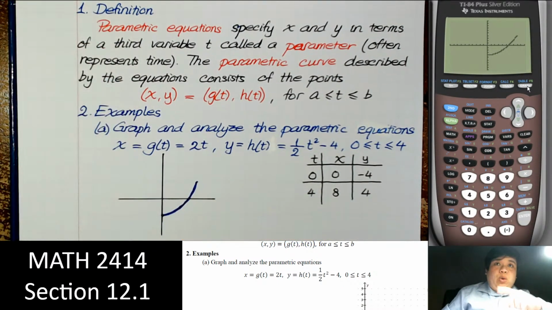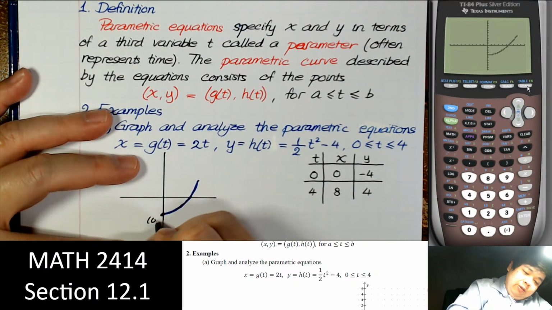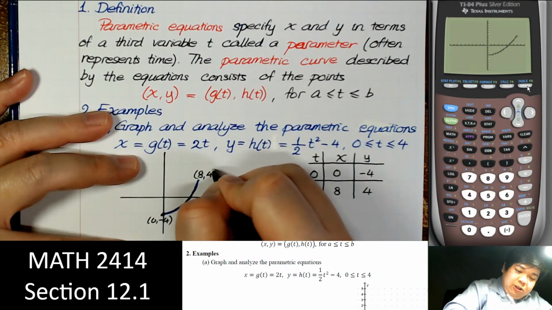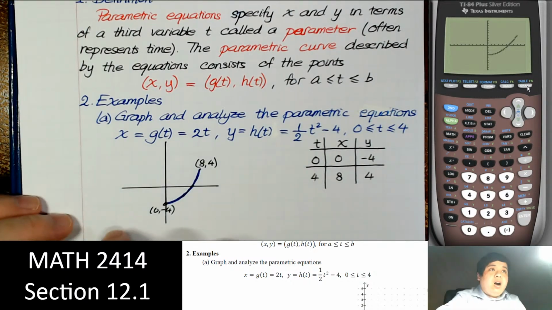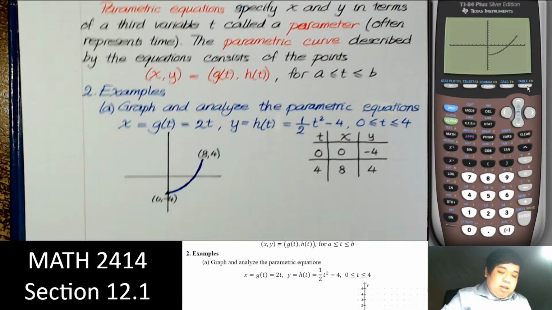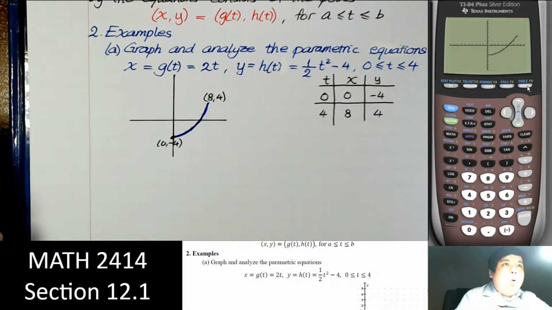Because we have the calculator, that's why we have the graph from 0, -4 to 8, 4. So the graph looks like that, right? By the way, it looks like a part of a parabola. Now go back to this. So we have the graph. It's not that bad. The calculator always does that.